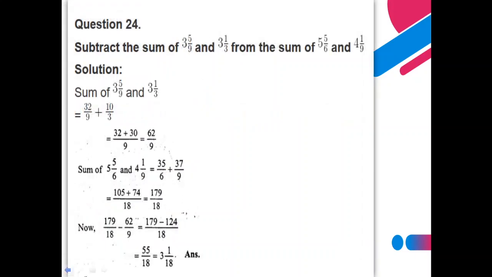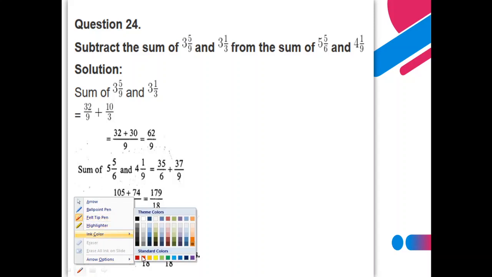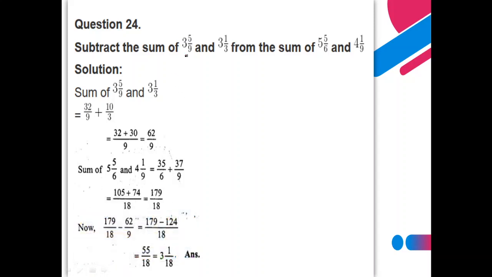See question number 24. Subtract the sum of 3 5 upon 9 and 3 1 upon 3 from the sum of 5 5 upon 6 and 4 1 upon 9. So here there are three steps.